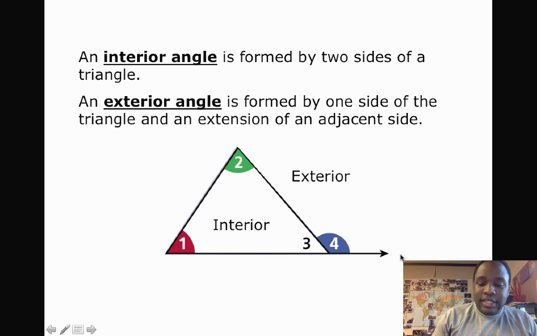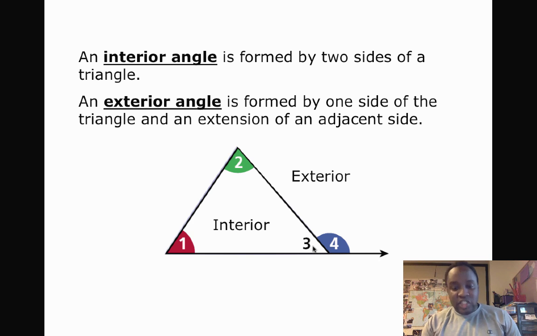To kind of help you guys out, an interior and exterior angle are always supplementary. They're always a linear pair. So an exterior and its adjacent interior angle are always supplementary.